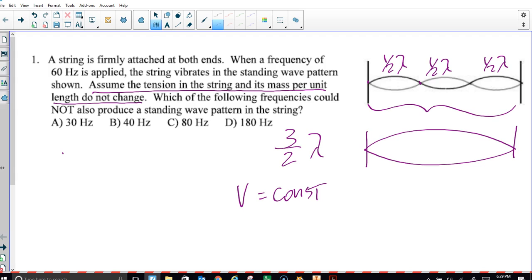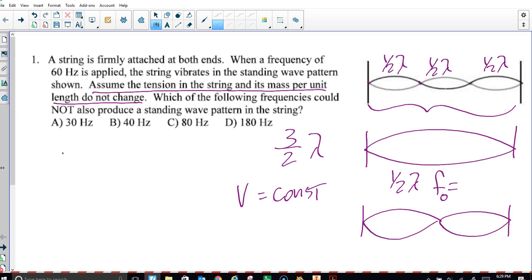And that would be half a wavelength, but more importantly, that would be the fundamental frequency. What would we have to do to get the next, what they call harmonic, the next standing wave? Well, you'd have 2 sections, and so that would be 2 times the fundamental frequency.